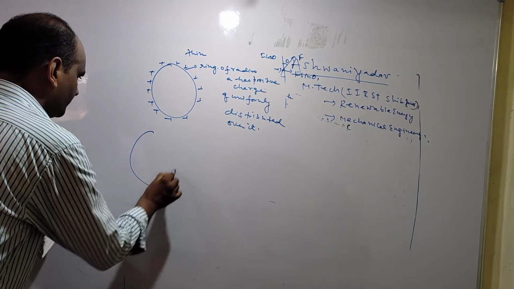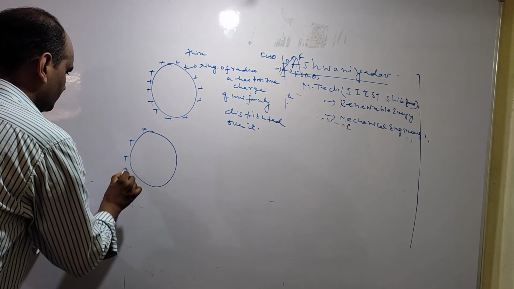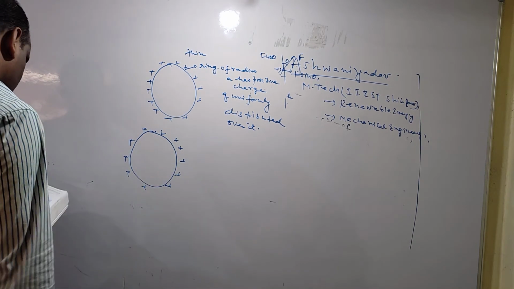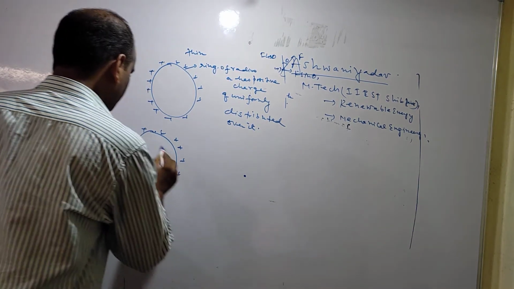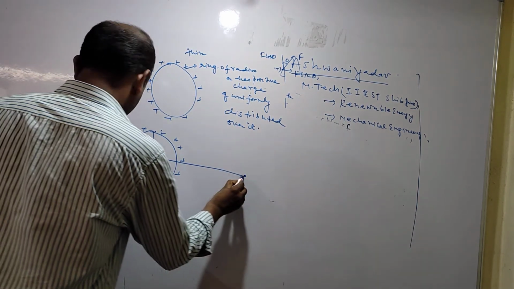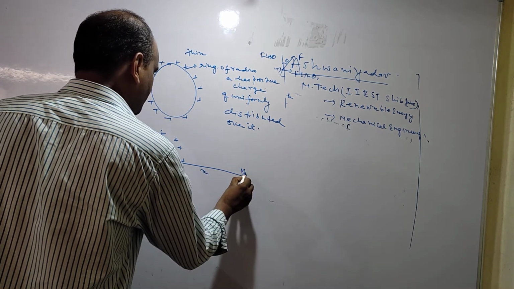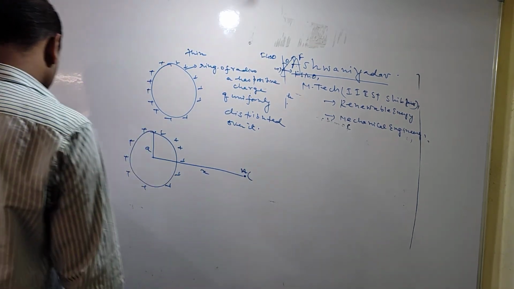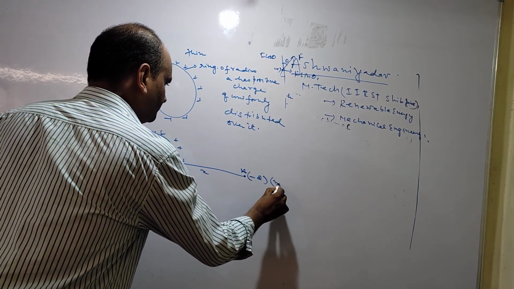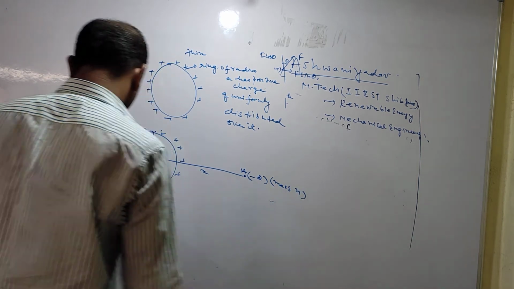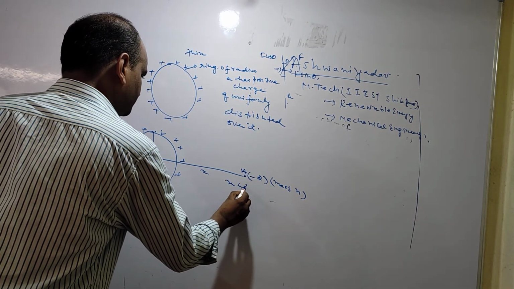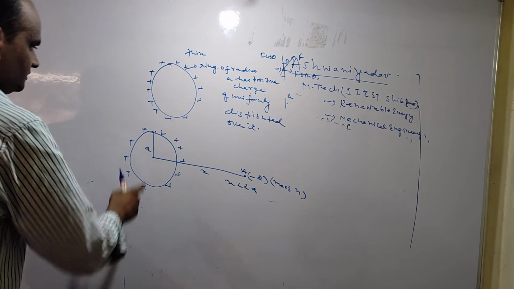Now this is your ring, like this. This is a particle, and the ring's radius is a. The particle is kept at a distance x from the center, at point A. It has negative charge q and mass m, and x is very small compared to the radius.